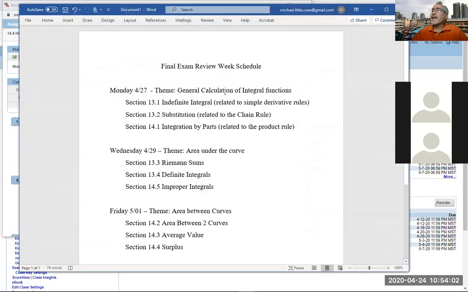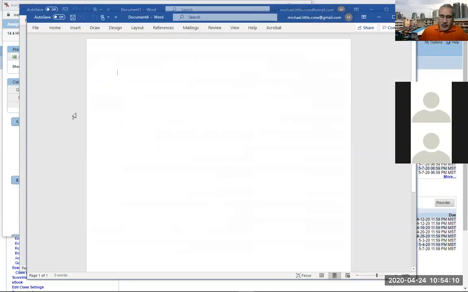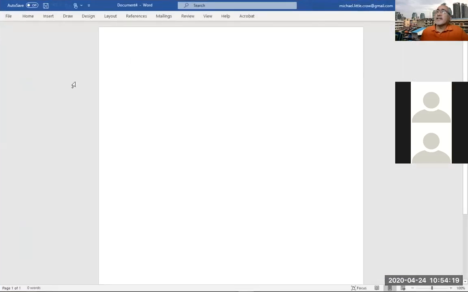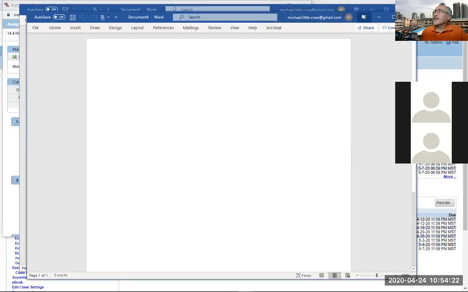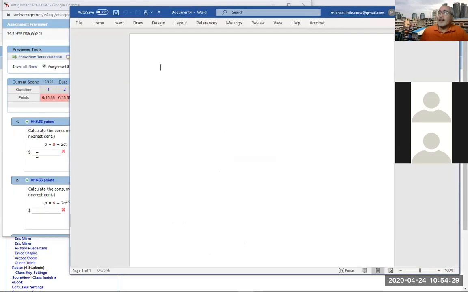Oh, so that's half the problem? Maybe not even half. It's a start. Let's go here. So we've got P equals 8 minus 2Q. P bar was equal to, was it 4?